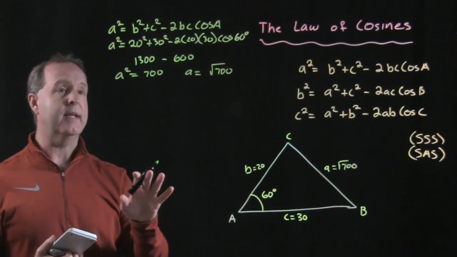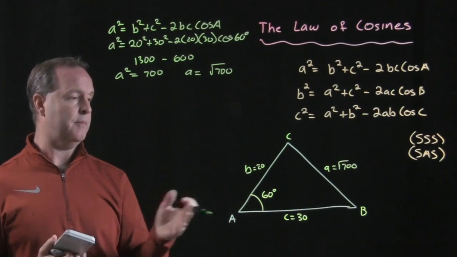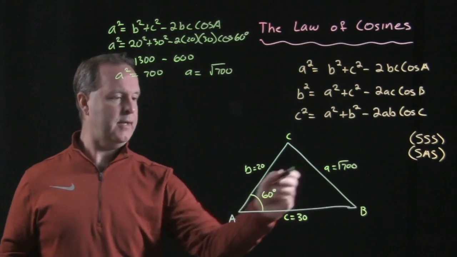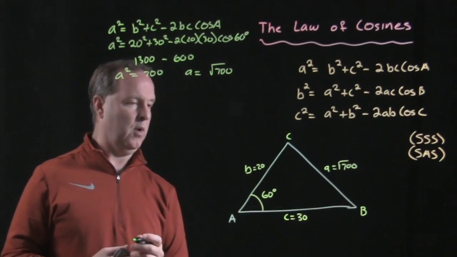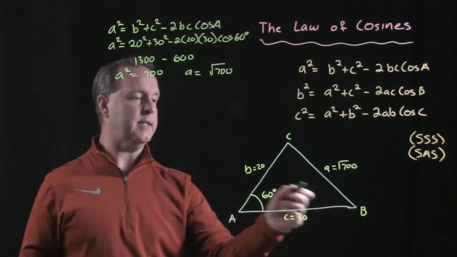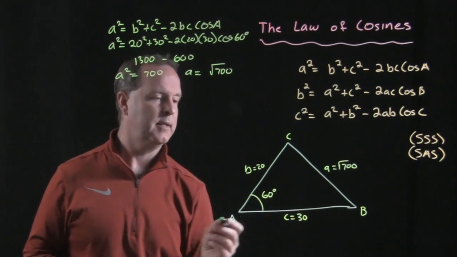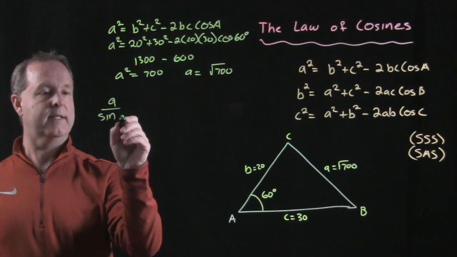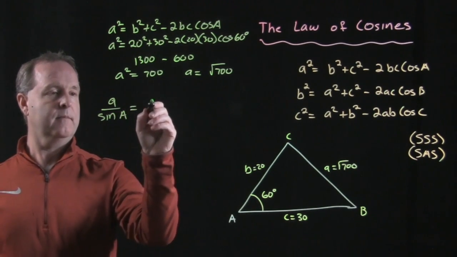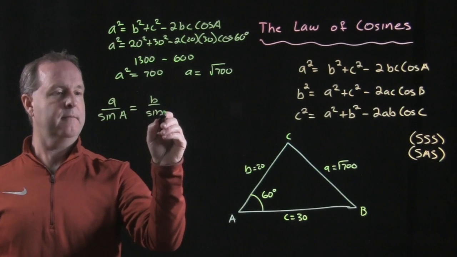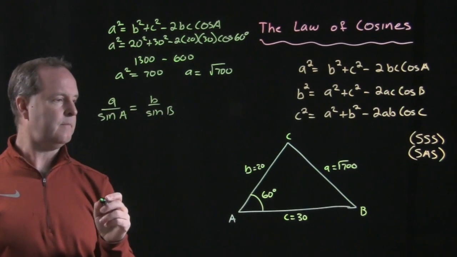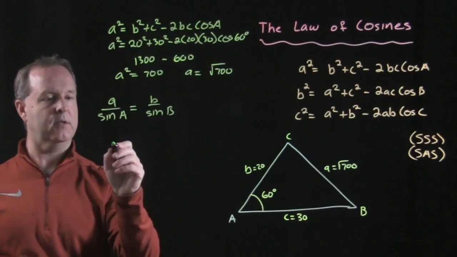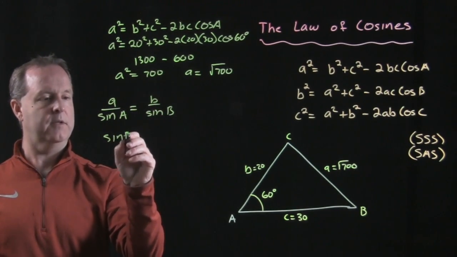From there, we can now use the law of sines because we have a couple of ratios that are active for us. And so I know A, and what we're trying to solve is, let's solve for B since we have the side opposite that one. So A over the sine of A equals B over the sine of B. A is root 700, and we're solving for sine of B, so let's rewrite that to solve first.